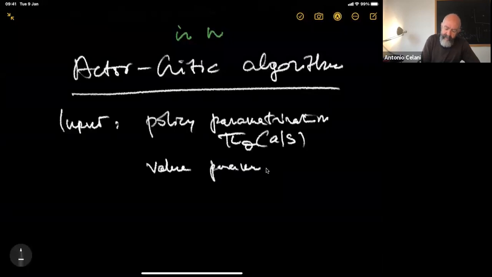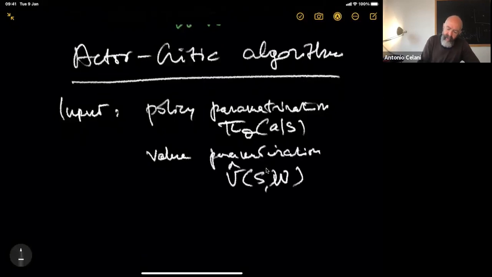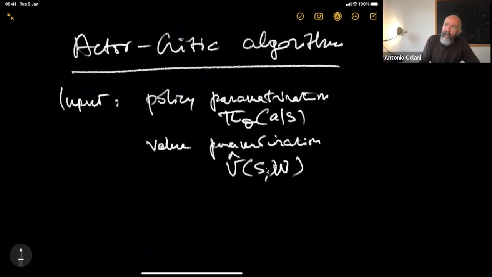Then you have a value parameterization, small v of s, and parameters w. Then parameters.